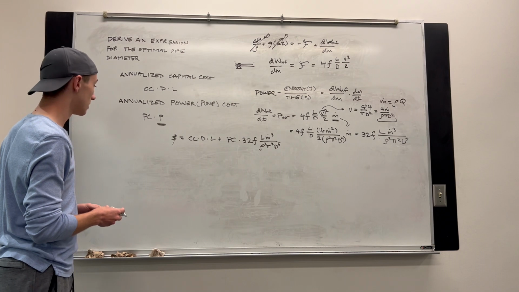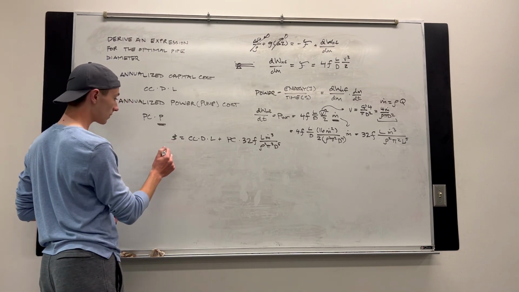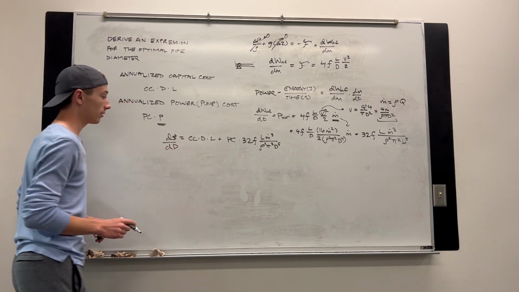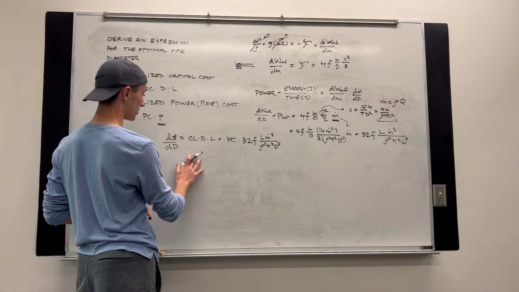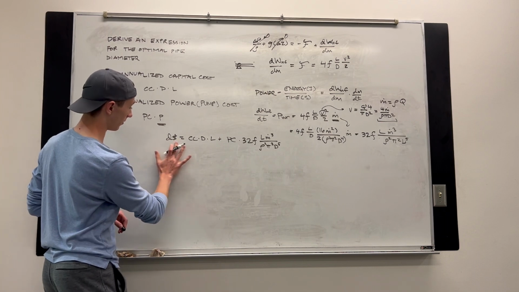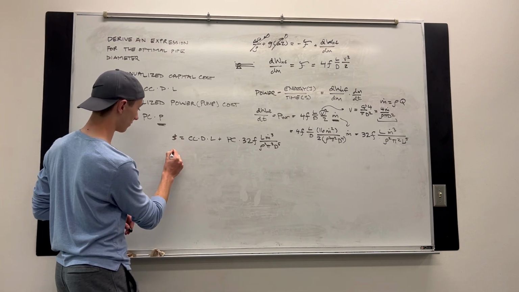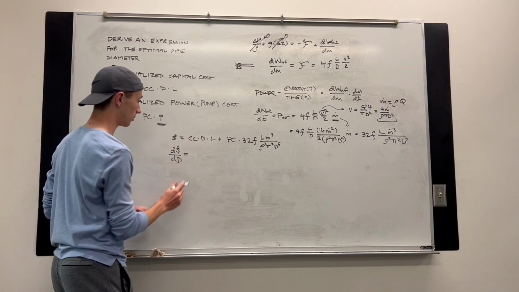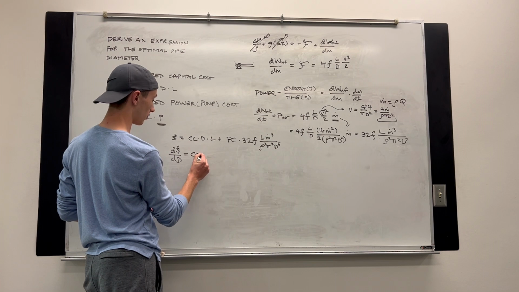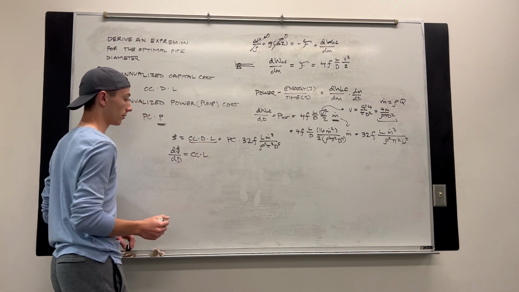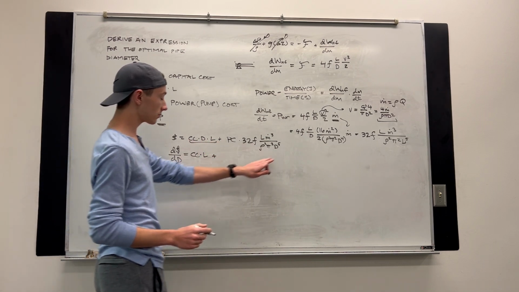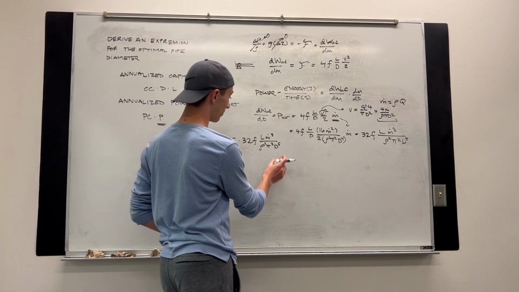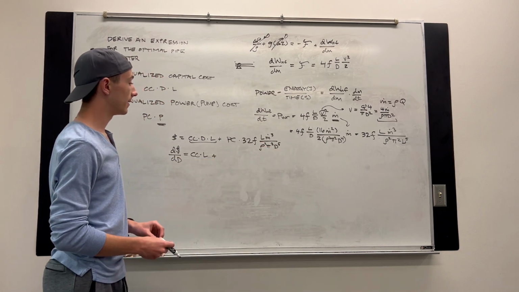So the derivative of cost with respect to diameter is now equal to, actually, I'm going to rewrite this on the line below so that I'm not confusing myself. We just have our capital cost times L for this term, right? Plus, over here, we have d to the negative fifth times this expression.